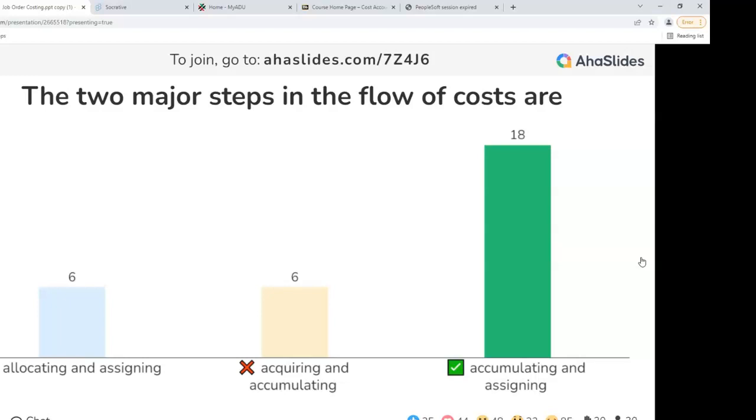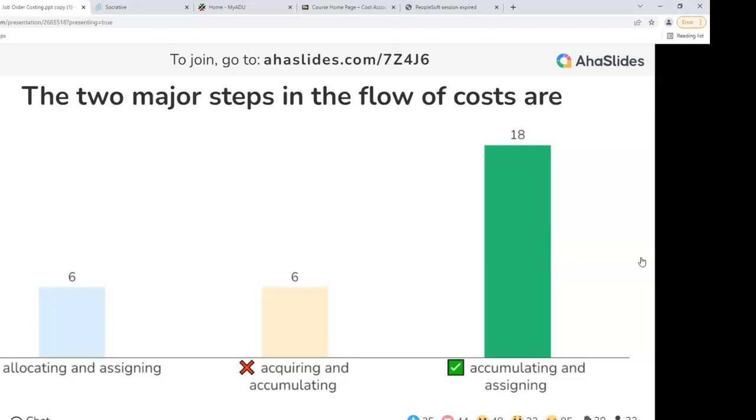Now, assigning, when the guy takes wood, starts the job, I assign the cost of wood to that job. I assign the labor to that job, but I have to allocate the overhead to that job. All right. So that's allocating and assigning? No. Acquiring and accumulating?